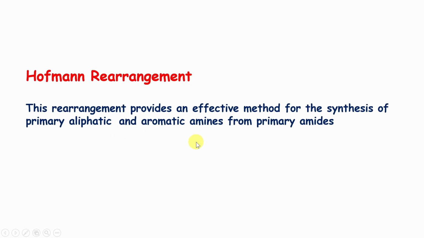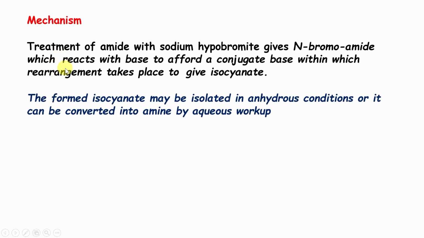The mechanism of reaction involves the treatment of an amide with sodium hypobromite or bromine in alkali, which gives N-bromoamide. This reacts with base to afford a conjugate base within which rearrangement takes place to give an isocyanate. Now, the formed isocyanate may be isolated in anhydrous condition, or it can be converted into amine by aqueous workup.